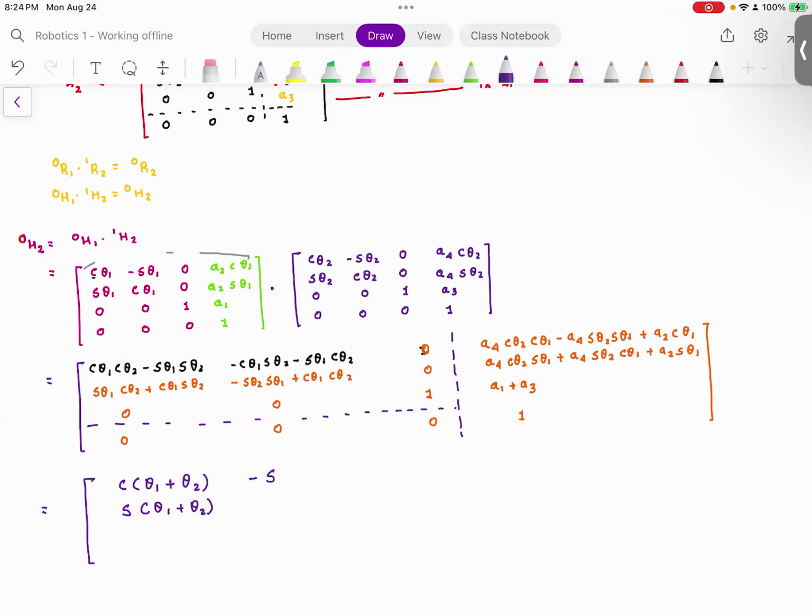Minus sine theta 1 plus theta 2. And this is cosine theta 1 plus theta 2. Do you agree with me? Do you see any pattern emerging? Okay, good. Here comes 0, 0, 0, 1.